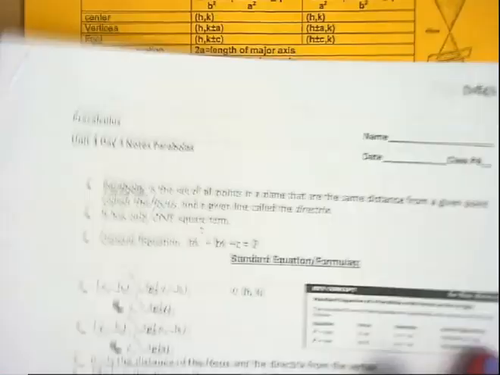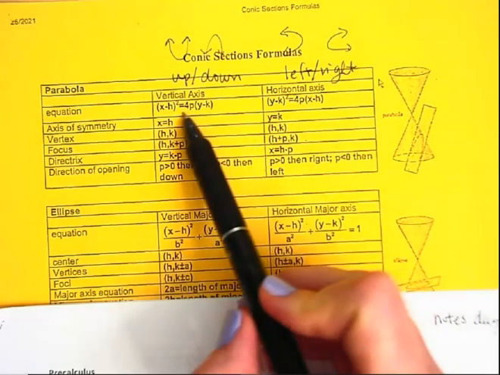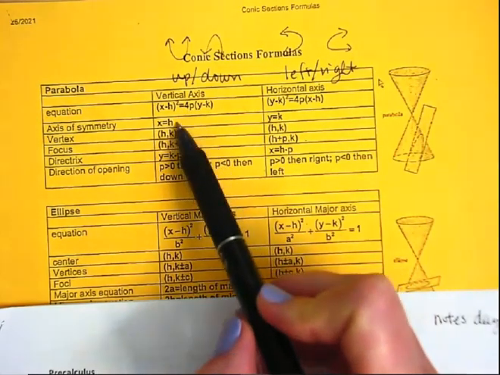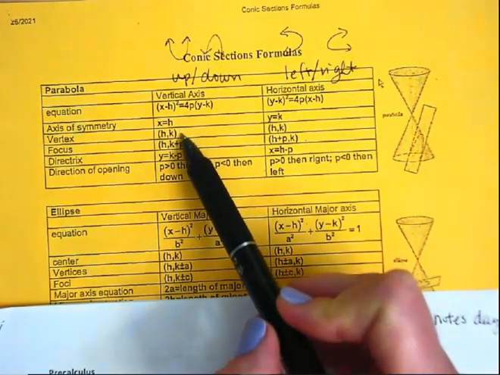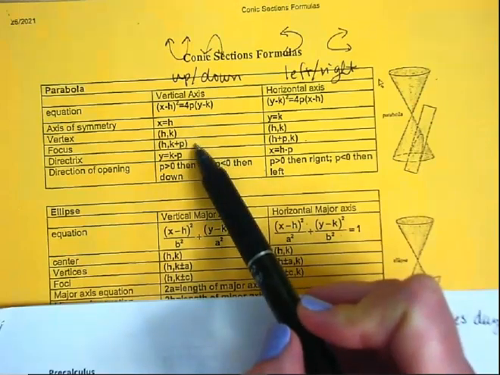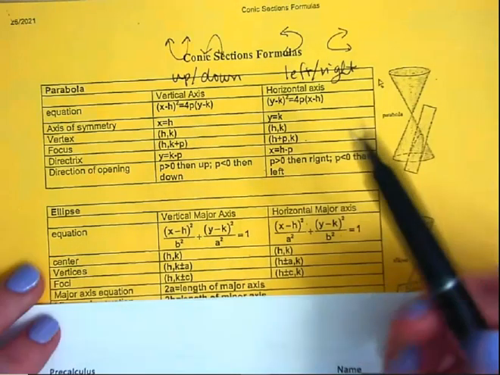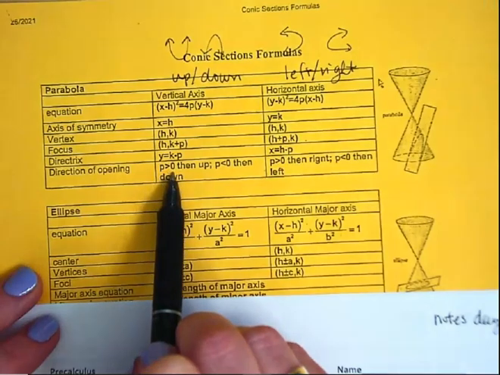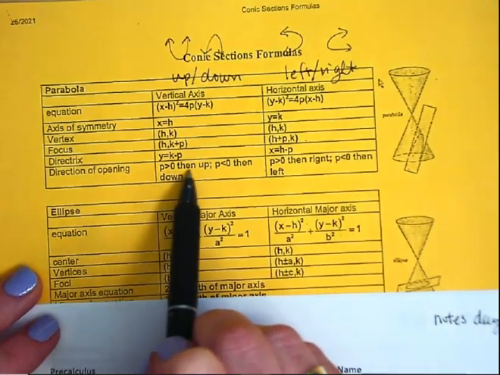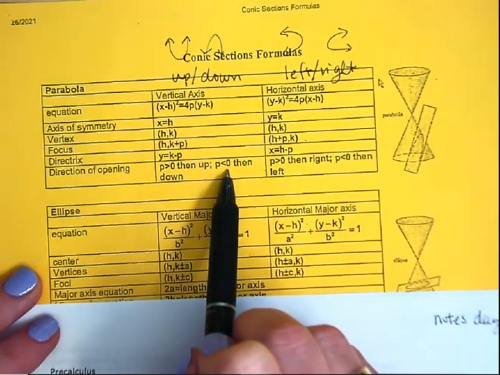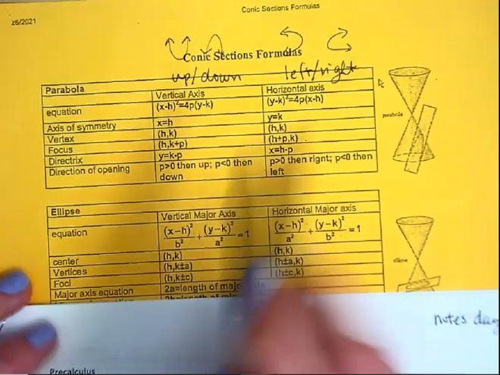And if you want to see this formula on your formula sheet, it is right here. We have the axis of symmetry formula, the vertex formula, the focus, the directrix. And you'll see here it says if P is greater than 0, meaning positive, it opens up, and if P is less than 0, meaning negative, it's going to open down.